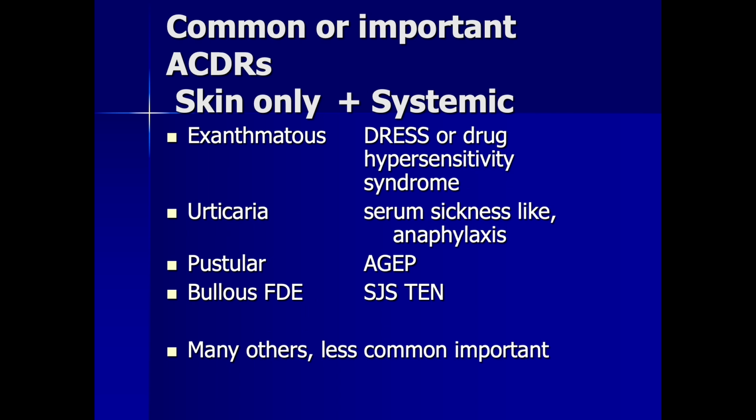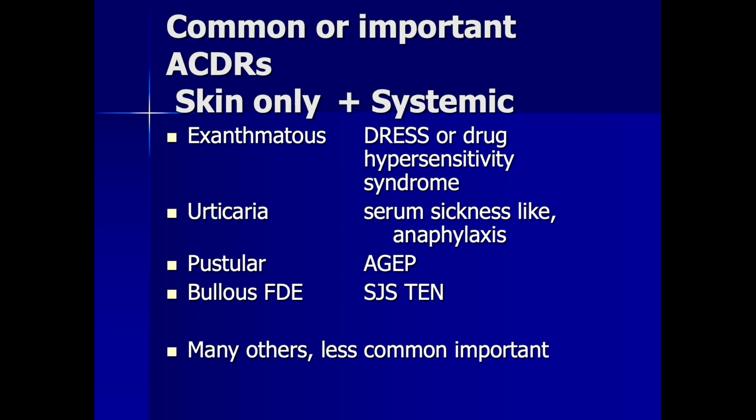So what are the common or important adverse cutaneous drug reactions? Well, we can think of these as being a purely cutaneous problem, or we can see individuals who not only have got a skin reaction, but they've got systemic disease as well. So exanthematous reactions can occur when the skin only is affected, and this is exceedingly common.